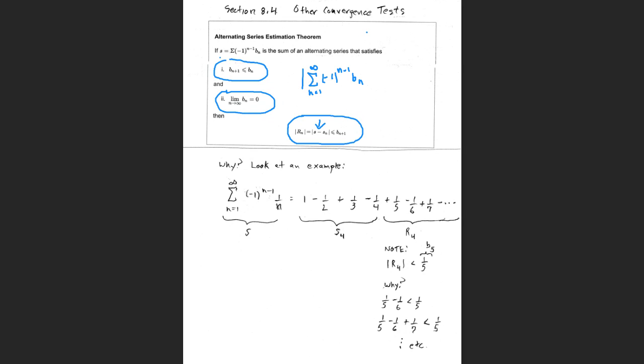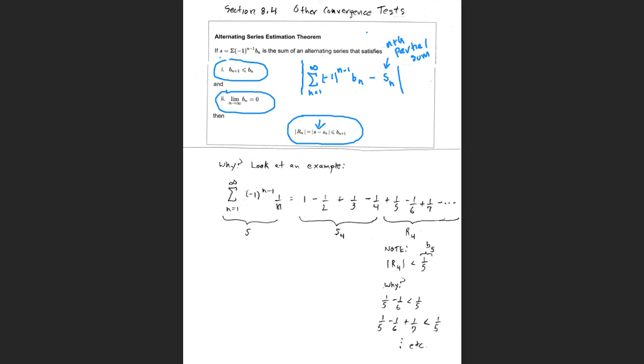Okay, so I'm taking the difference between my series and the nth partial sum, right? That's what S sub n stands for, the nth partial sum.